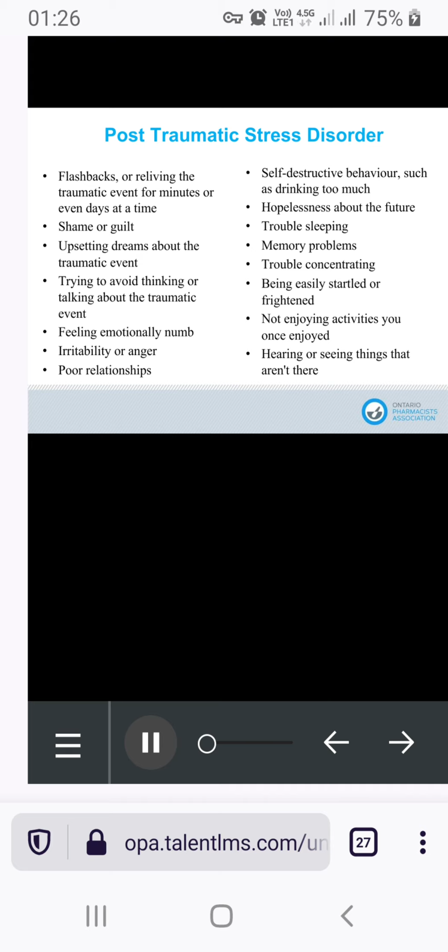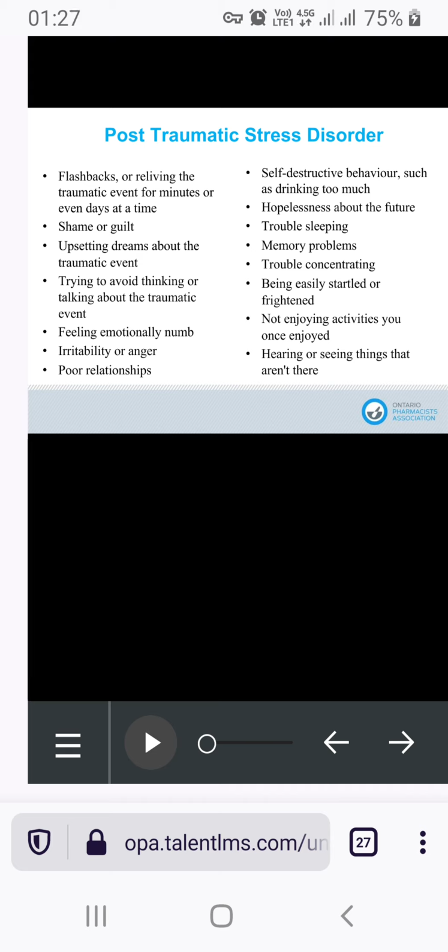Post traumatic stress disorder. Flashbacks or reliving the traumatic event for minutes or even days at a time. Shame or guilt. Upsetting dreams about the traumatic event.